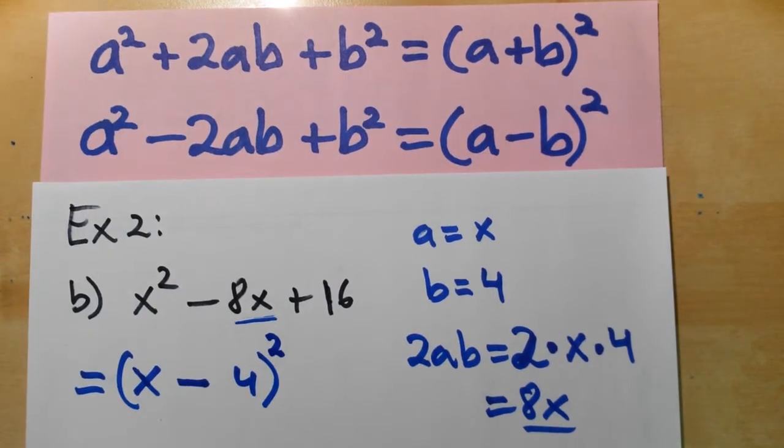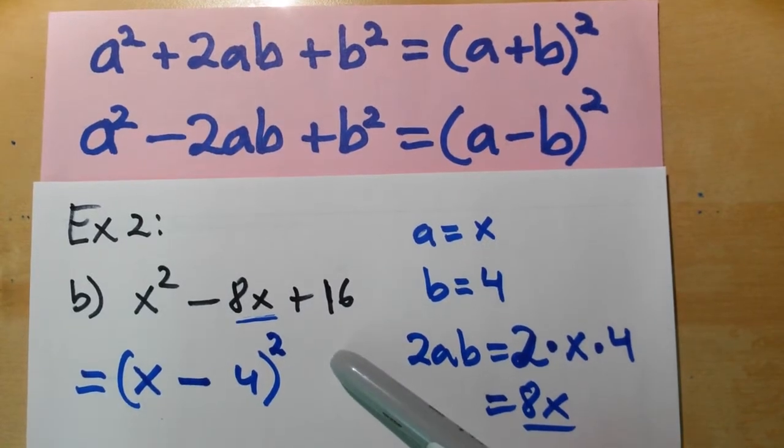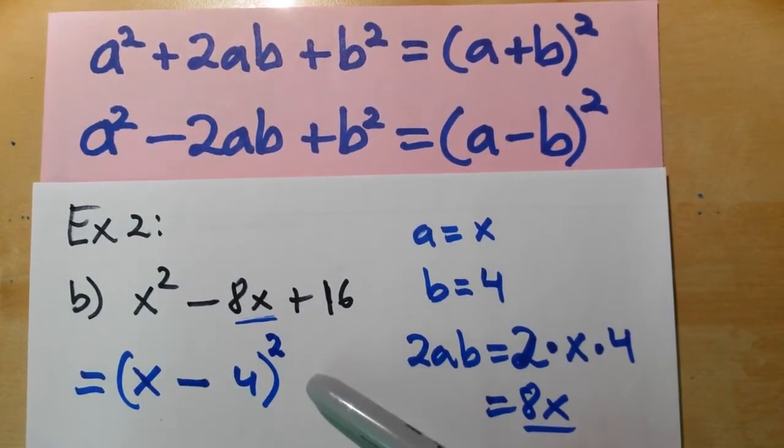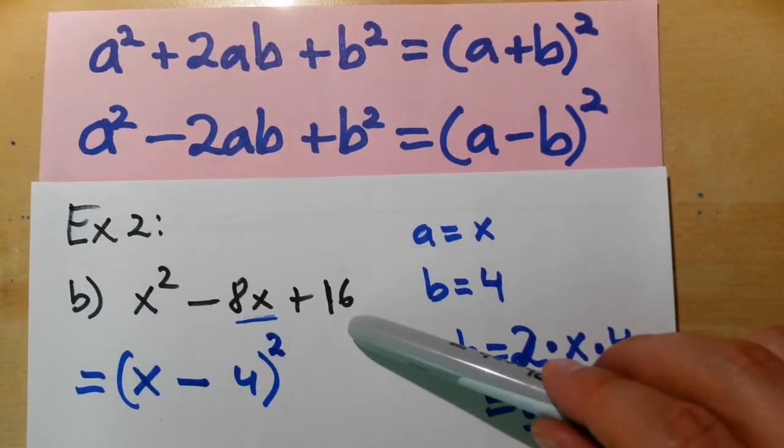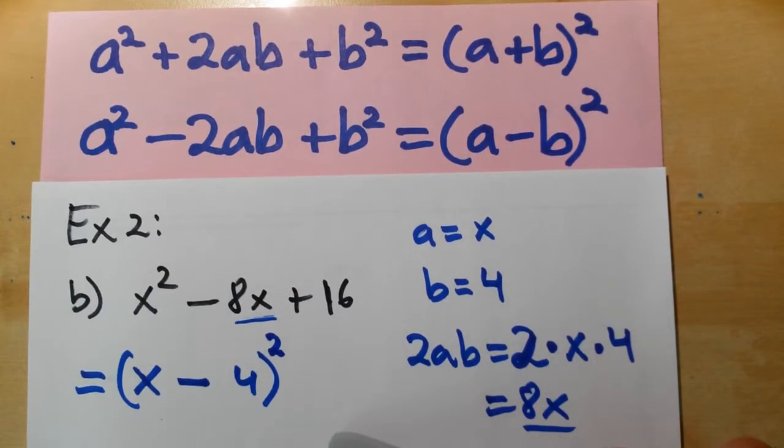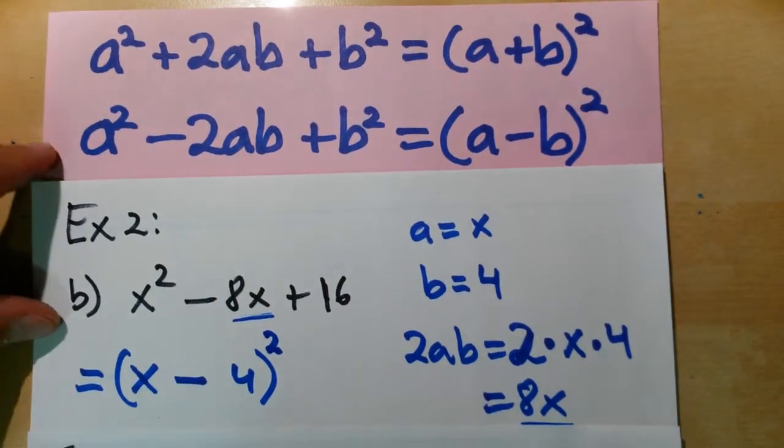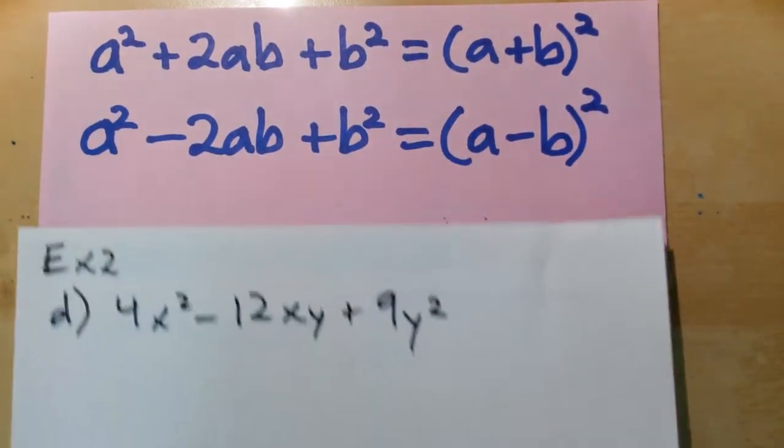Alright, let's look at another example, and by the way, for this one I invite you to try it out without using perfect squares. Just use the normal simple trinomial steps and you'll see that you would get the same answer as well.